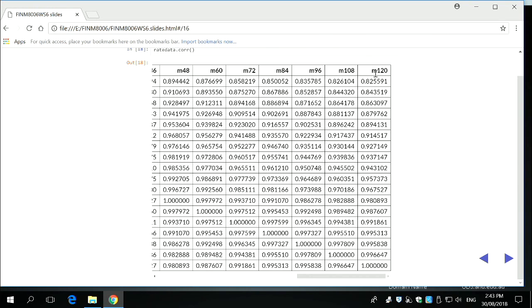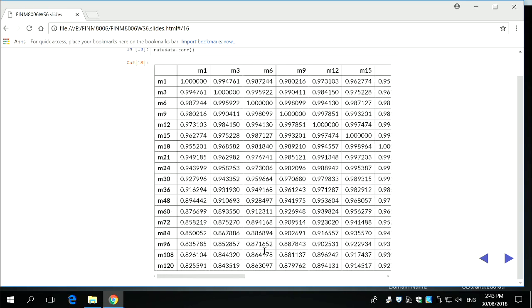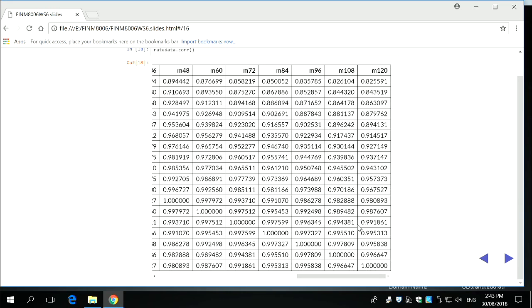In this corner, the right up corner and the left downward corner, the number is smaller. In the left up corner and the right down corner, the number is bigger. Right? So what does that mean? That means the yields of similar terms, of similar durations, they are more correlated, and the yields of different durations, they are less correlated.